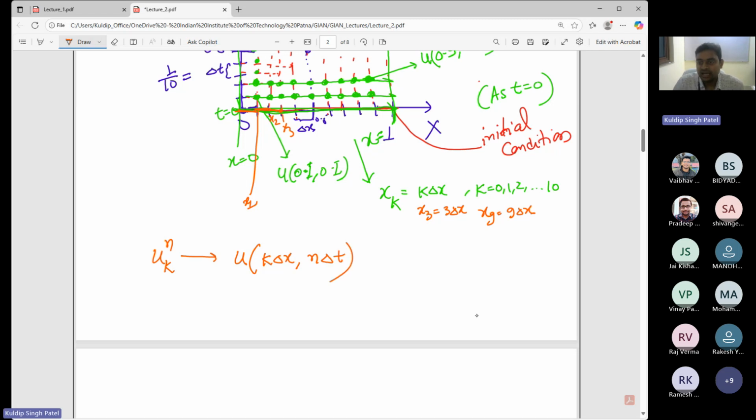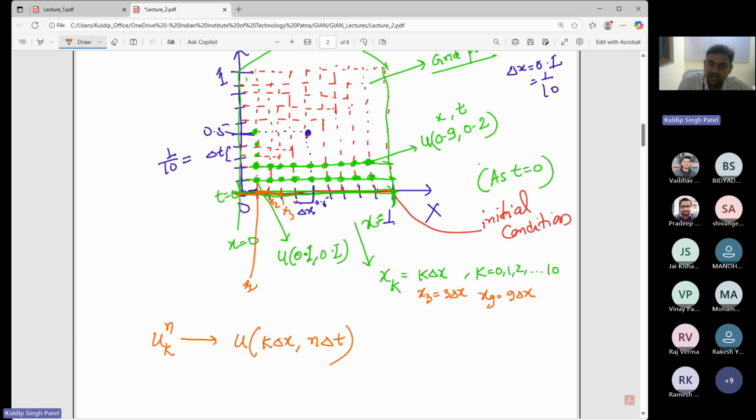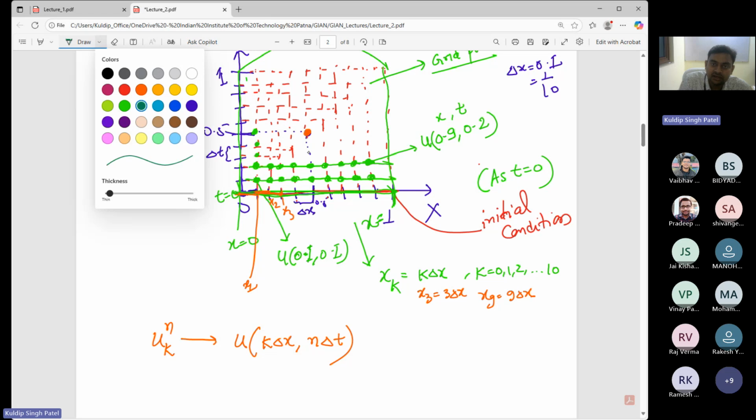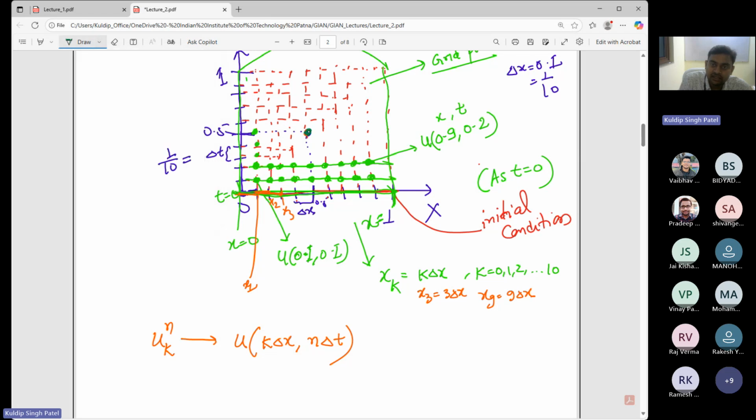What does it mean? If I want to find the solution at this point, this blue point, okay, let me take another color, this dark green one, and this was (0.5, 0.5). How should we represent it? We should represent it as u5 5.